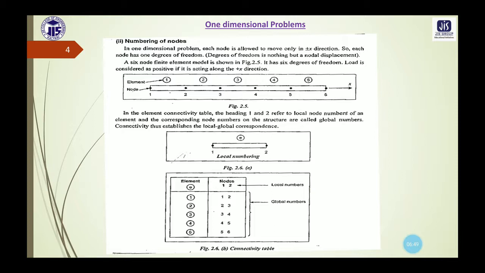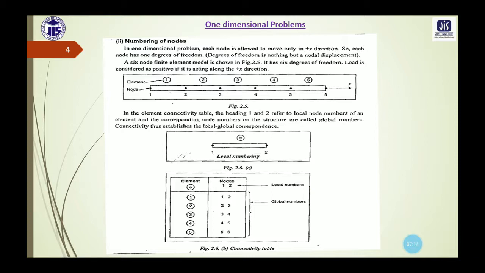So each node has 1 degree of freedom, which is a nodal displacement. A 6 node finite element model is shown in figure 2.5, so it has 6 degrees of freedom, which are its nodal displacements.